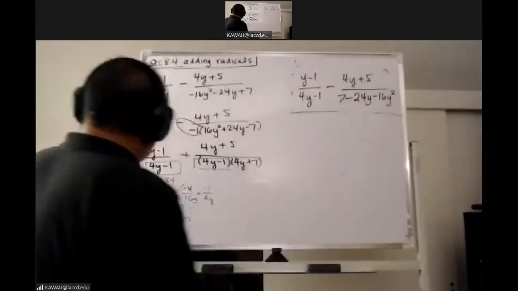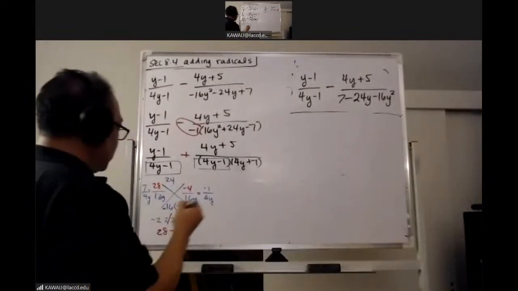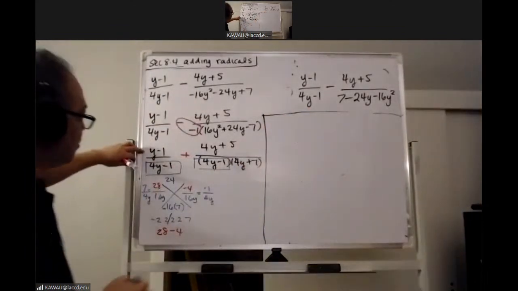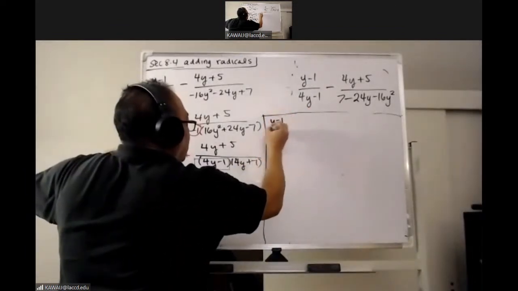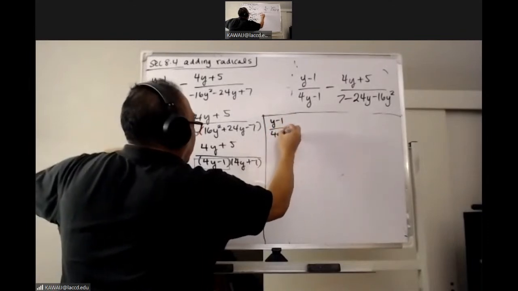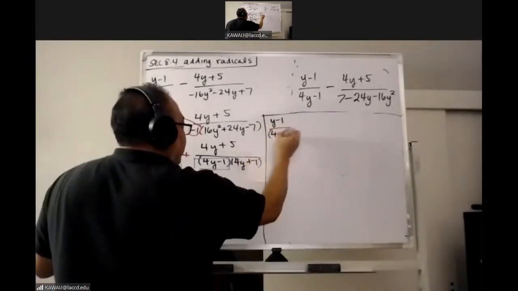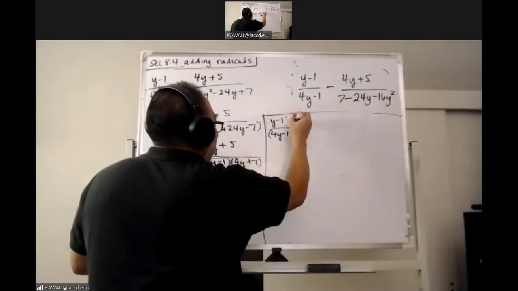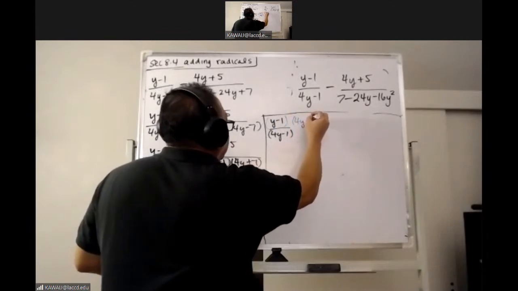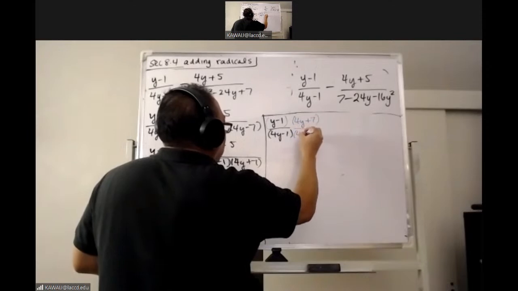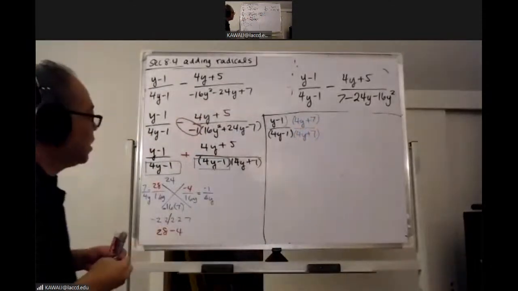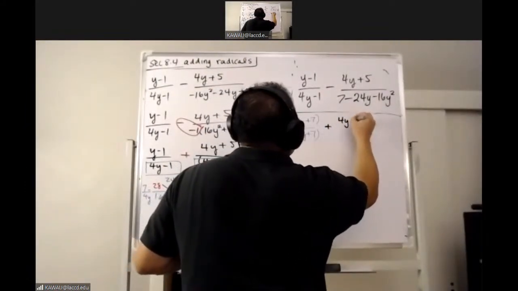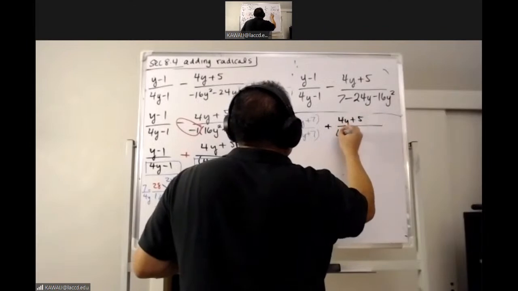Okay, so now I have y minus 1 over 4y minus 1, and then I have 4y plus 7, 4y plus 7, and then I have plus 4y plus 5 over the same thing.